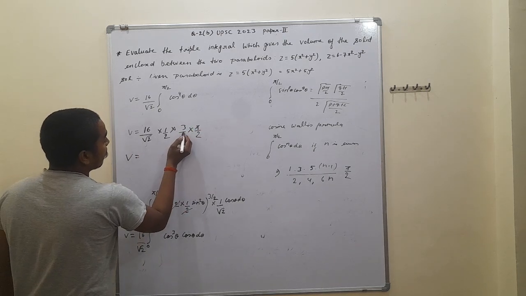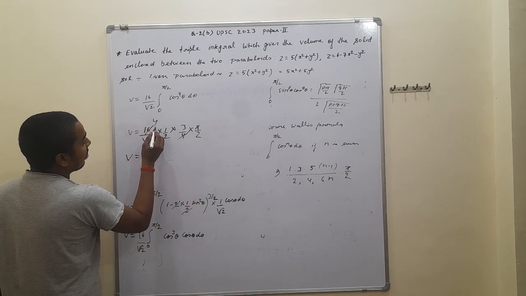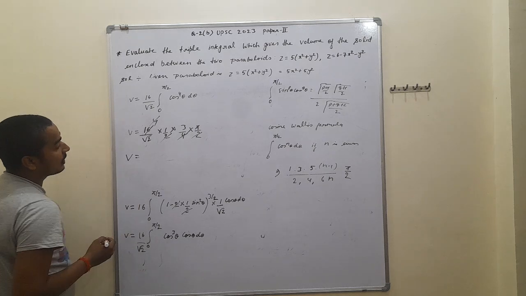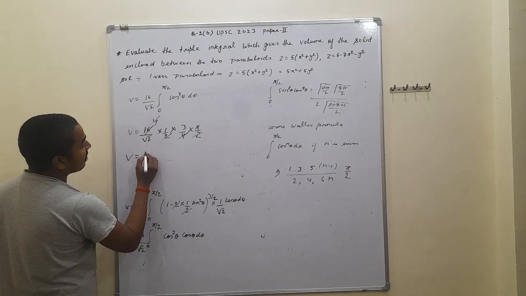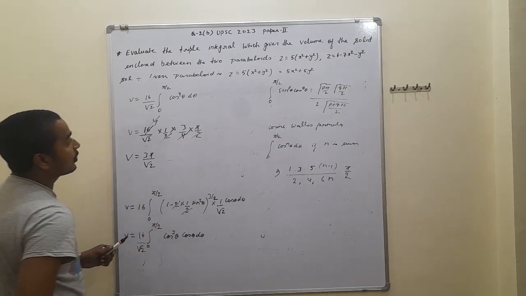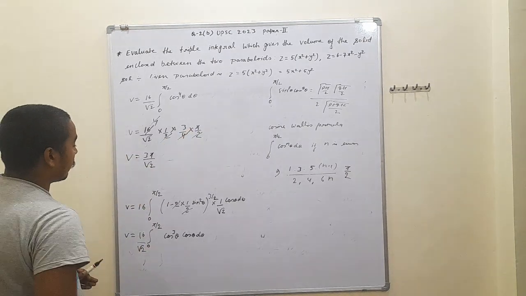From here 4 times 4 is 16, and 4 and 4 cancel, and the remaining answer is 3 pi upon root 2. We can also solve by the beta gamma function.